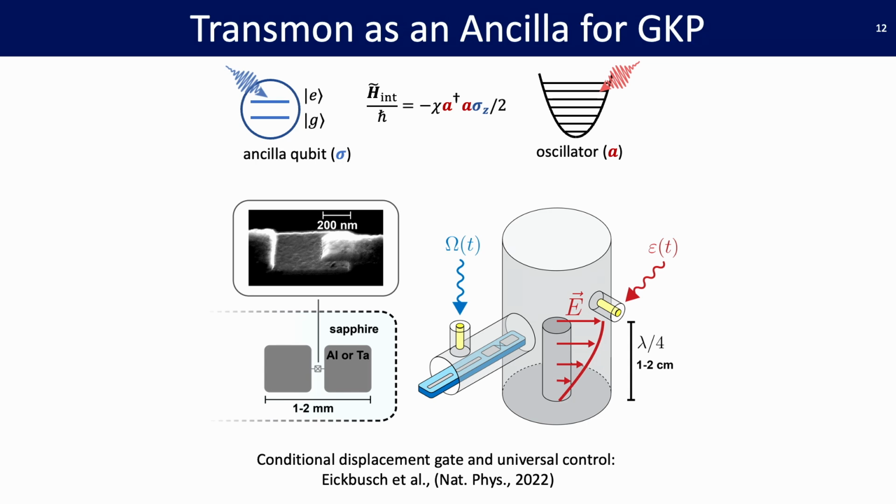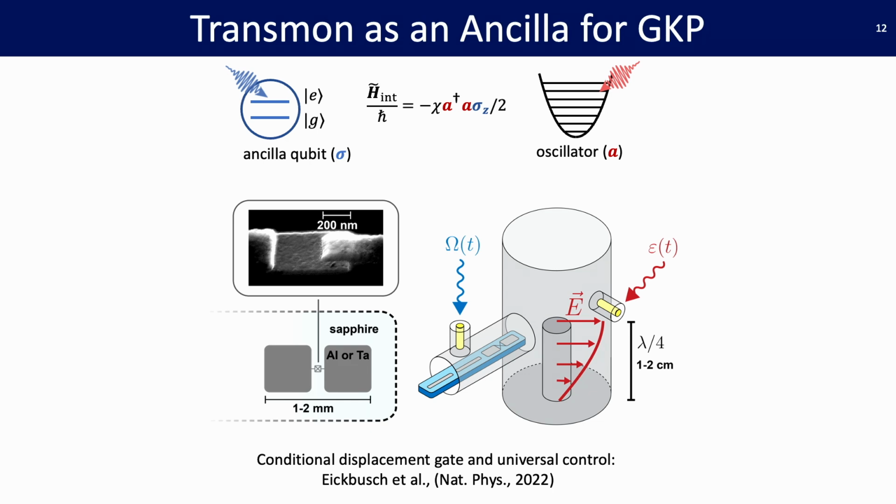In our lab's GKP experiments so far, we have used a transmon as an ancilla. The transmon is fabricated on a sapphire chip, consists of a Josephson junction between 2 large pads that form its shunt capacitance. And when we insert it into this 3D microwave cavity, whose fundamental mode we use as our oscillator mode, the dipole interaction between the two gives rise to this dispersive interaction, where the oscillator frequency depends on the state of the transmon qubit.